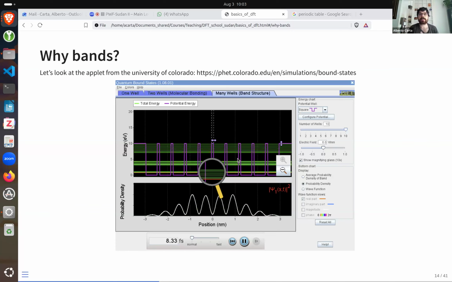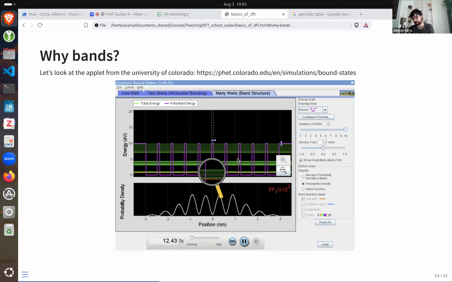So the idea here is that what we showed before was a free electron. Okay. Now here we're starting from the complete opposite end. So we're starting from, let's say, like an atom or a quantum dot, and then we're putting these quantum systems that have quantized states close together. So the idea before was that if we have a free electron, we have this continuum of states. Okay, that looks like a parabola.